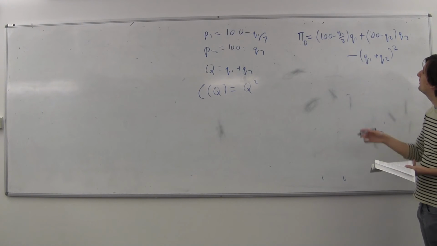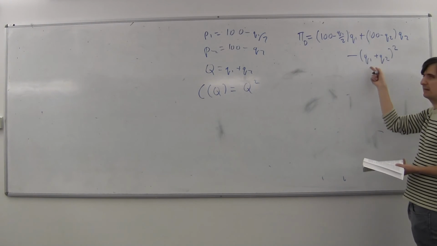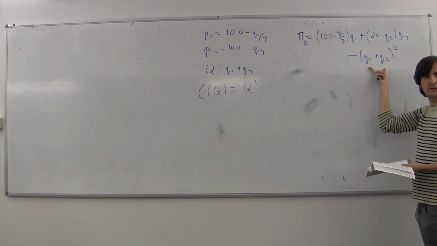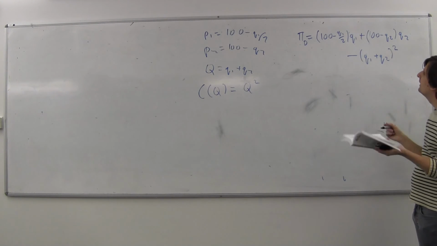The firm is going to choose Q1 and Q2 to maximize this expression. They're not going to be independent because of this total cost term.